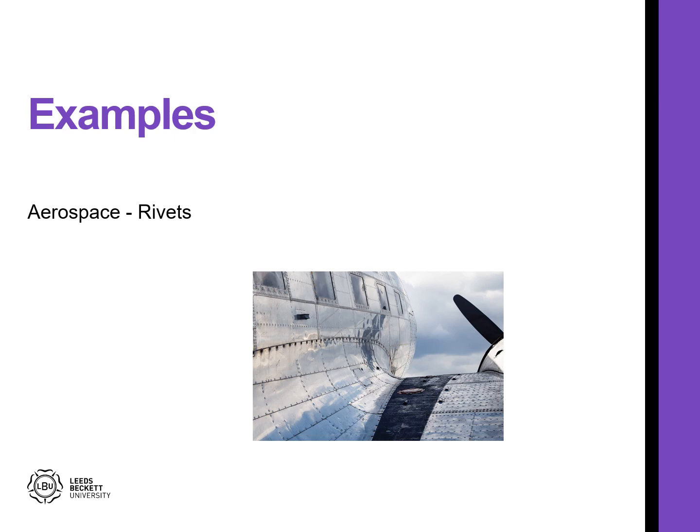Rivets have approximately 4 things that can go wrong with them. The most extreme would mean they need completely and utterly replacing, redrilling, and everything, and it's quite a big job, and you need a skilled engineer to do that. Whereas the really basic things, some semi-skilled person could fix, or the inspector could do that.